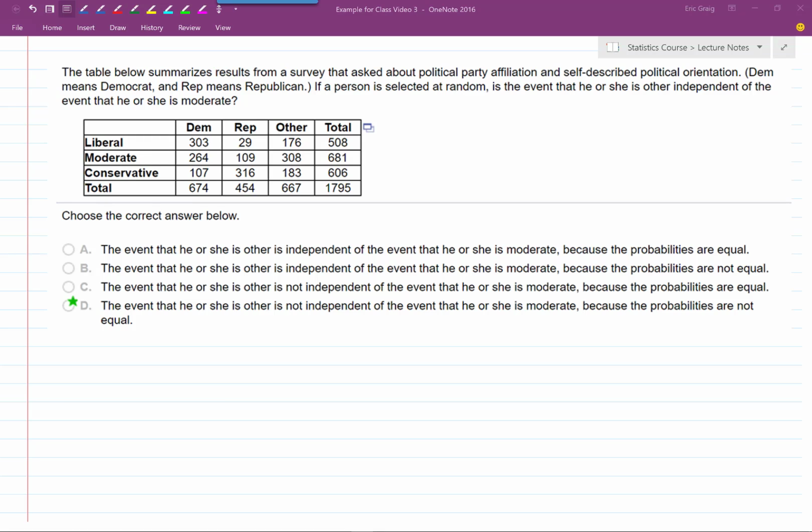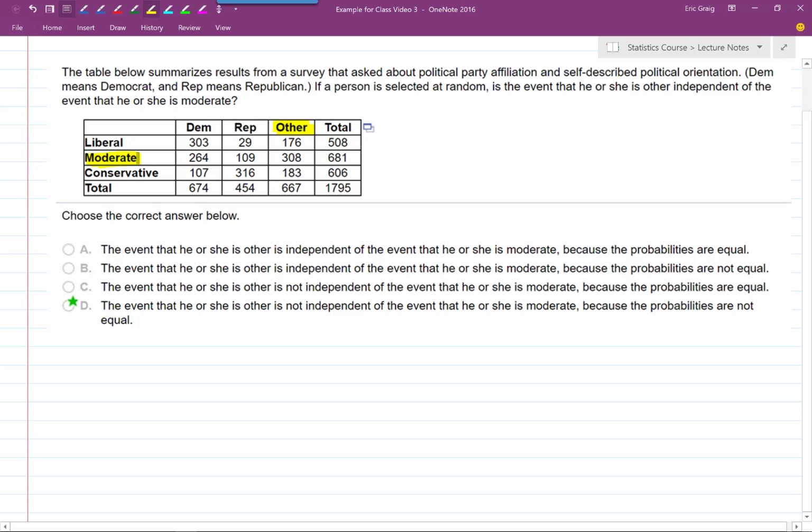Finally, let's take a look at this one. The table below summarizes results from a survey that asked about political party affiliation and self-described political orientation. If a person is selected at random, is the event that he or she is in this other category over here independent of the event that he or she is a moderate, this category over here?